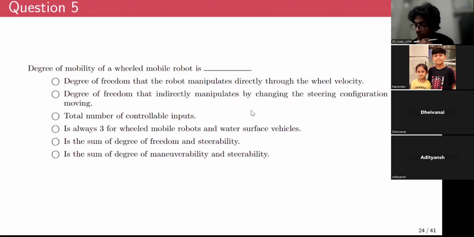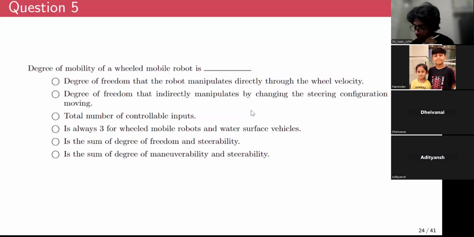It is the degree of freedom that it indirectly manipulates by changing the steering configuration and moving. The third option is the total number of controllable inputs. And option 4 is always 3 for wheeled mobile robots and water surface vehicles.